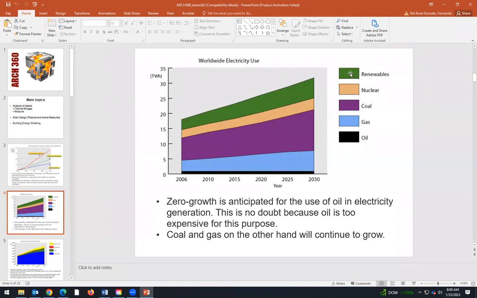So that's a fact, and we have to be aware of that. And the projections by 2030, which is the near future, in 7 years, are that we will continue this. Probably the renewables will grow a little, but most of the energy will be generated by fossil fuels.